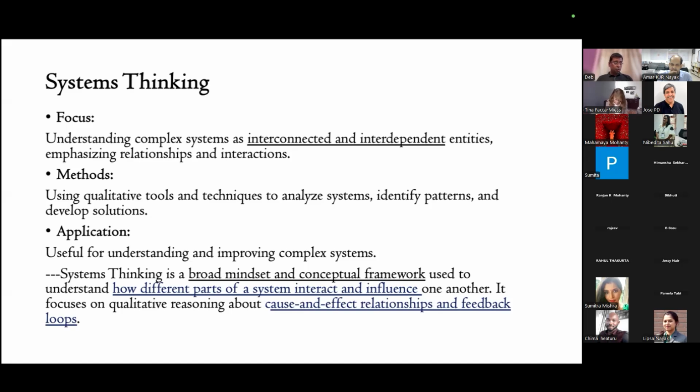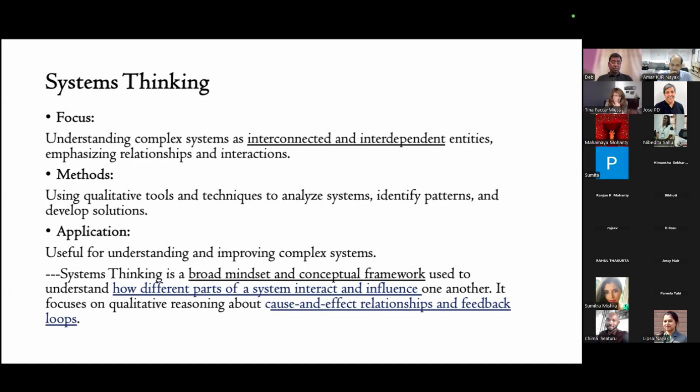The dominant methods used in systems thinking are qualitative methods. Of course, there are quantitative methods applied in systems thinking, but the dominant methods are qualitative tools and techniques. The application is to understand how to improve complex systems and how to approach a complex system.